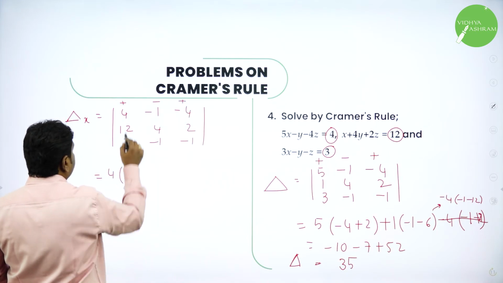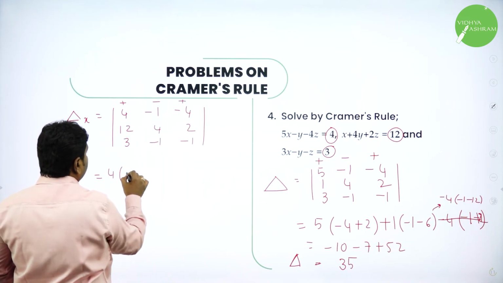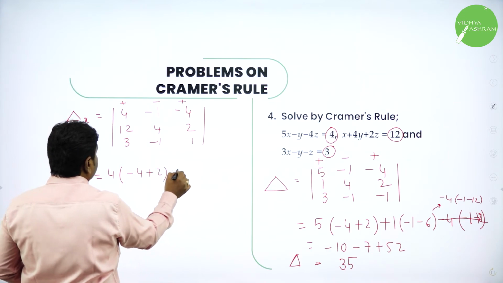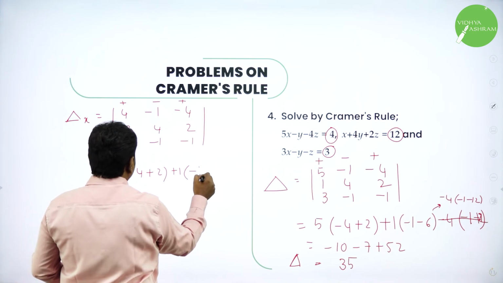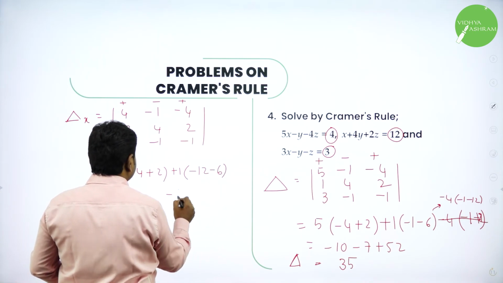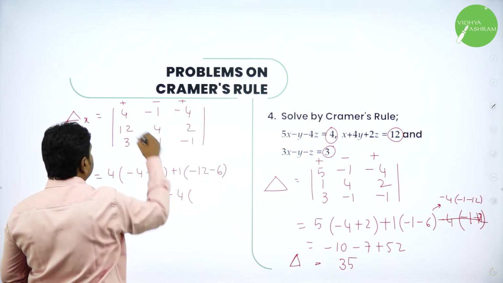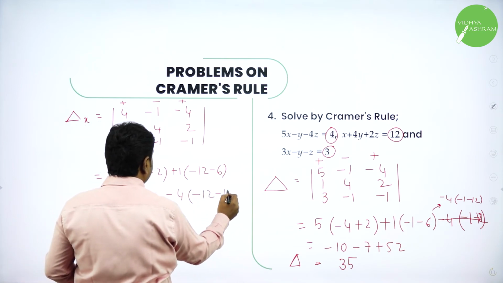Expanding this, 4 into, delete this, you will have -4 plus 2. Minus of minus 1 is plus 1, delete this, -12 minus 6, and minus 4 into, delete this, it will become -12 minus 12.